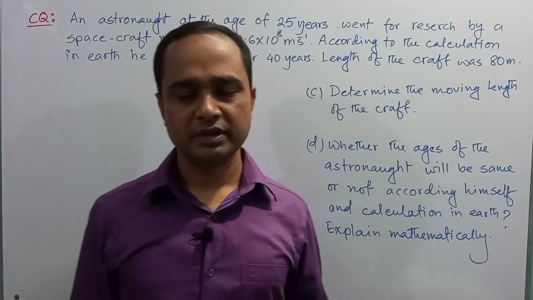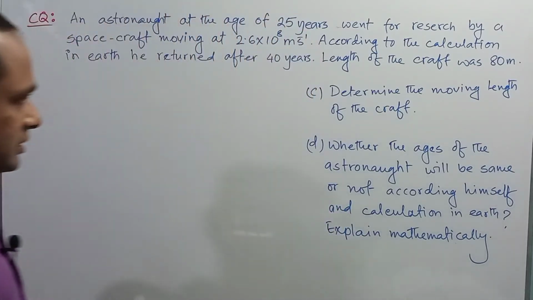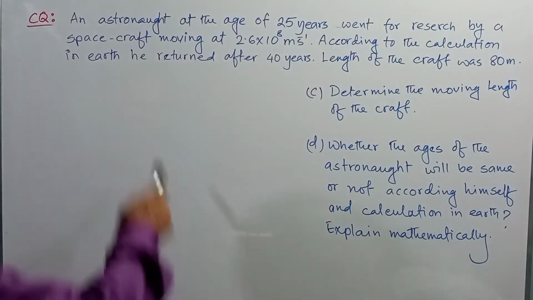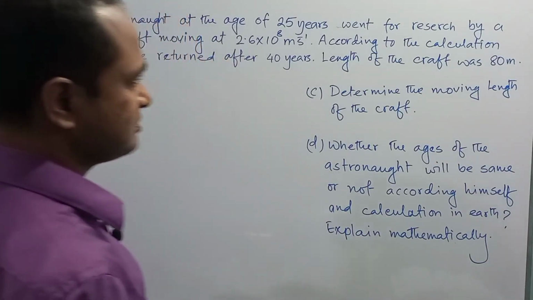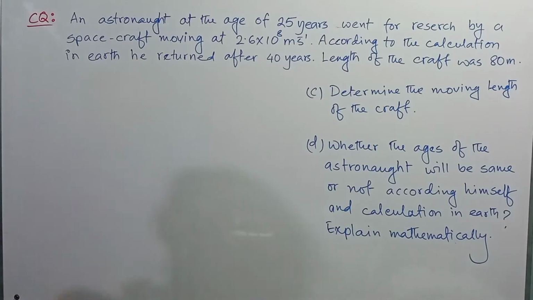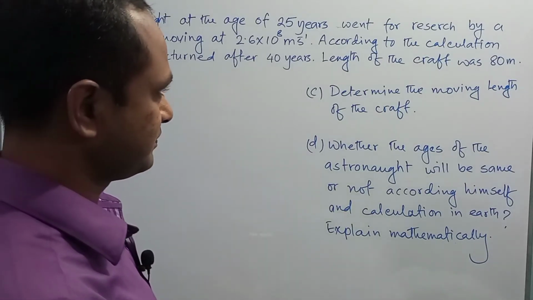Dear students, now we are going to see a creative question. The stem of the creative question says that an astronaut at the age of 25 years went for research by a spacecraft moving at 2.6 into 10 to the power 8 meter per second.